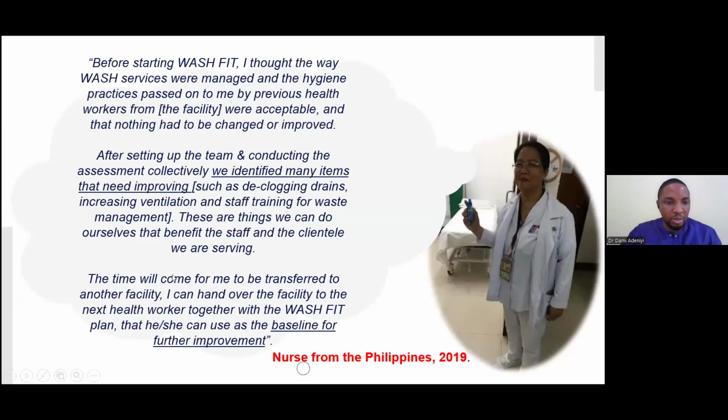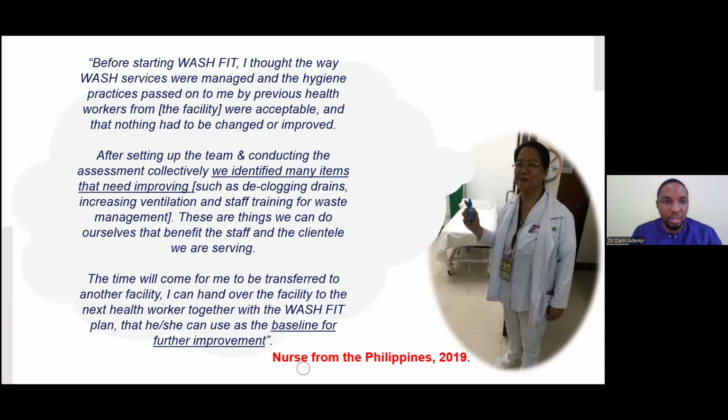A nurse in the Philippines in 2019 made this statement, just as a testament to how effective the WASH FIT tool is. Before starting WASH FIT, I thought the way WASH services were managed and their hygiene practices passed on to me by previous health workers from the facility were acceptable and that nothing had to be changed or improved.